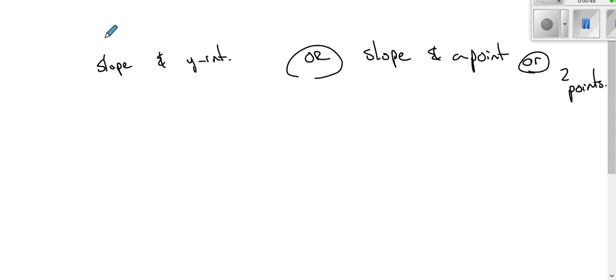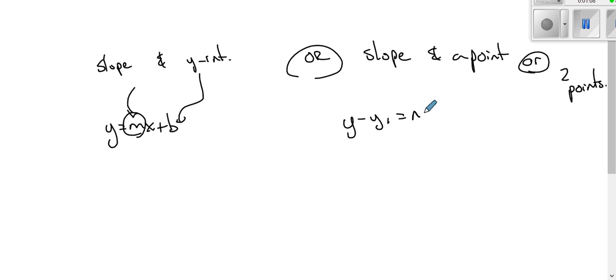If they give you the slope and they give you the y-intercept, you're going to use this form, and you're going to plug that slope in here, and you're going to plug the y-intercept in here, and it will create your equation. If you have a slope and a point, you're going to use this equation, and write the equation.